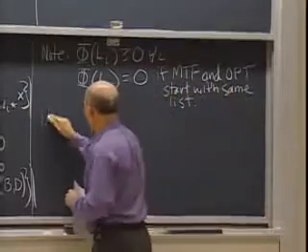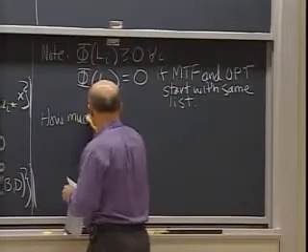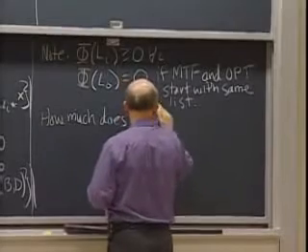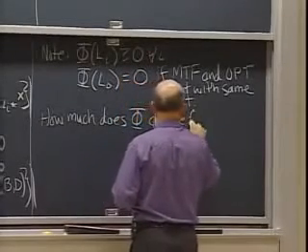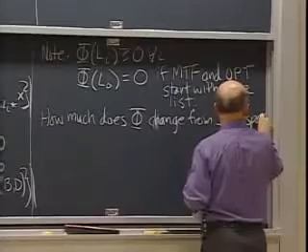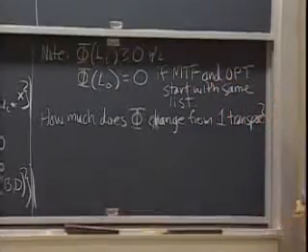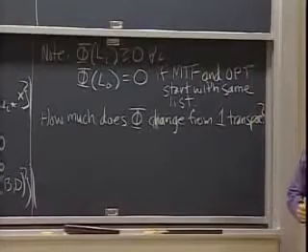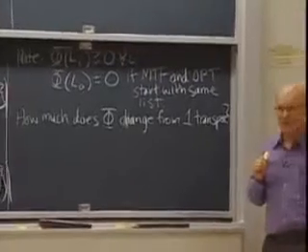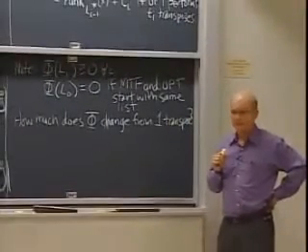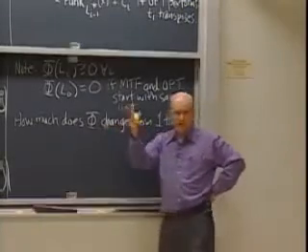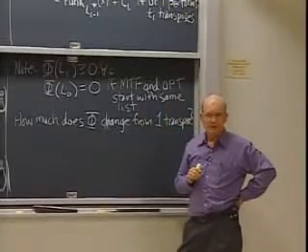So let's first also make another observation. How much does phi change from one transpose? So basically, that's asking, if you do a transpose, what happens to the number of inversions? What's going to happen to phi?